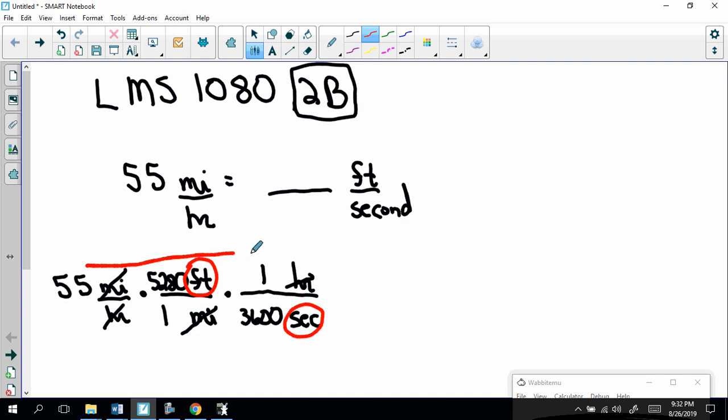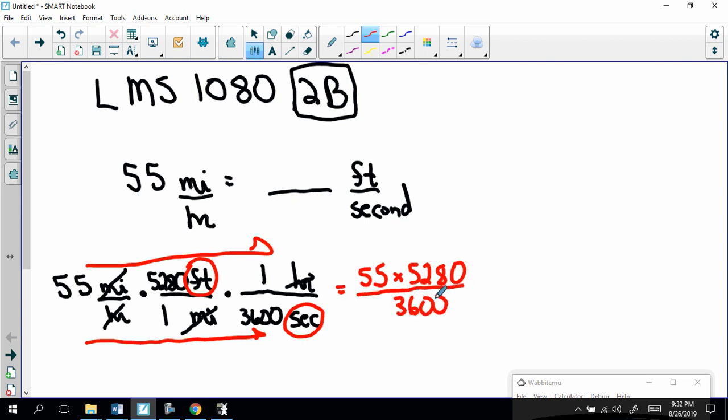Then you multiply straight across, and we get 55 times 5280 divided by 3,600 feet per second.